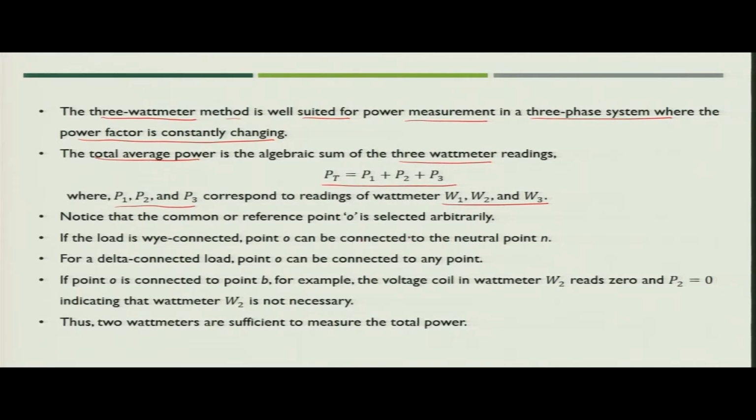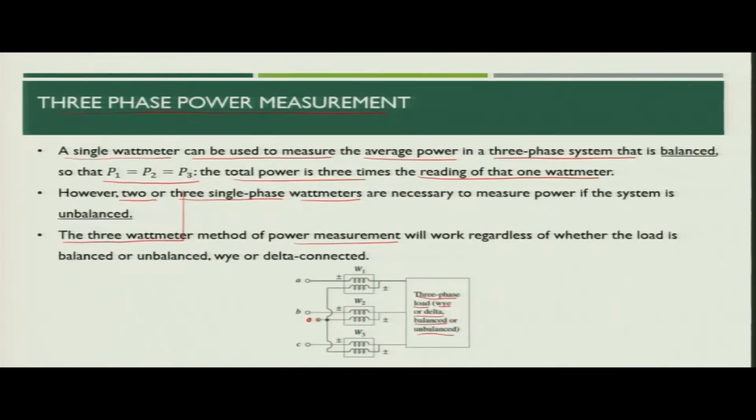Now, we have taken the readings with reference to the common point O. We have selected it arbitrarily, but generally in case of Y connection, O will be nothing but the neutral point, so that the voltage you see across the potential coil will be the phase voltage.